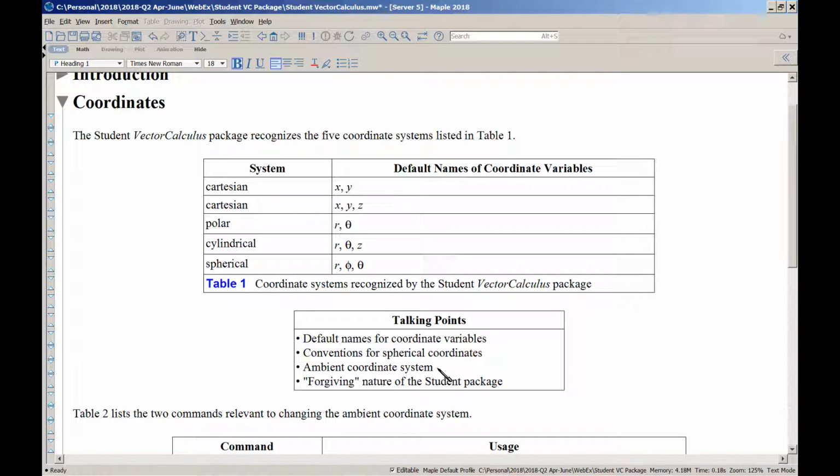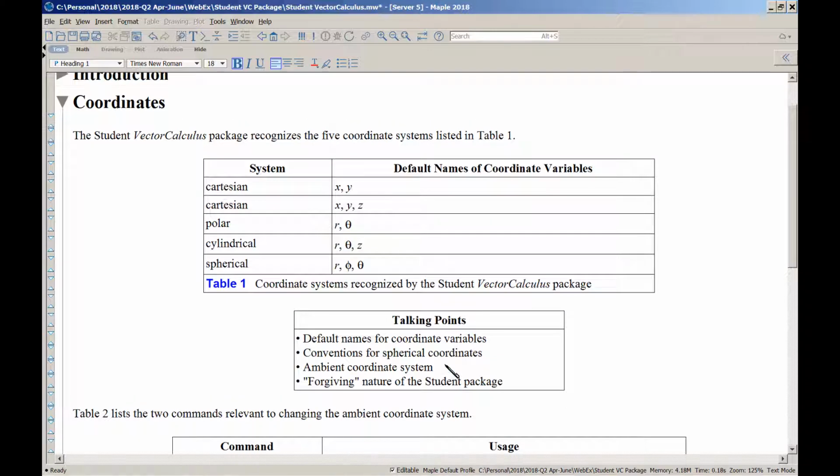But because of the default coordinate names being understood here in this package, there's very little need to change that ambient coordinate system in the student package. I always just leave it as Cartesian, and I never changed the ambient system, or hardly ever changed the ambient system.